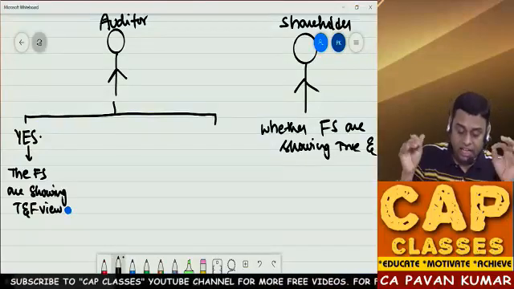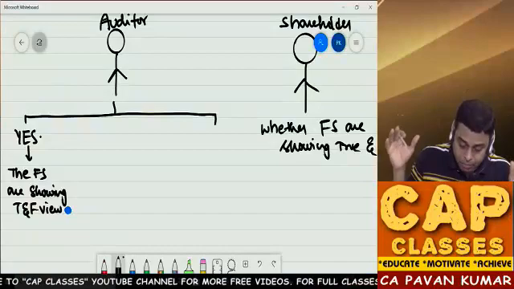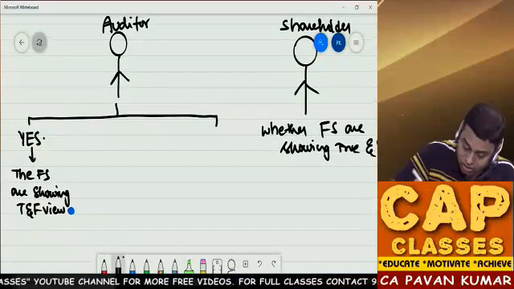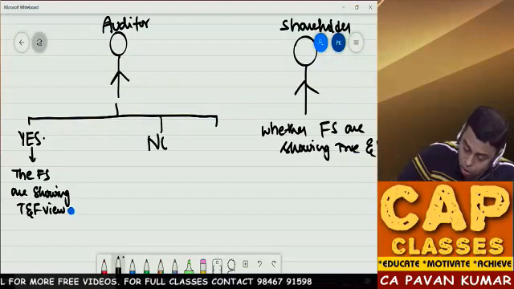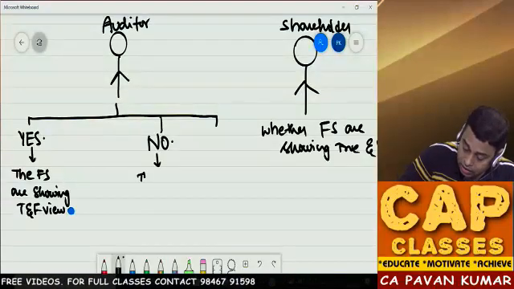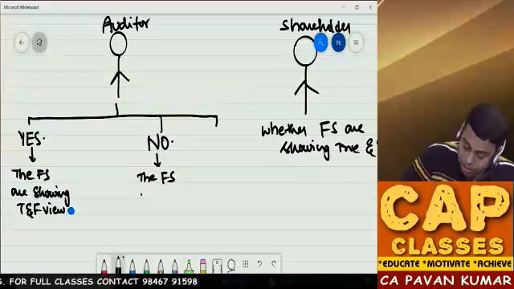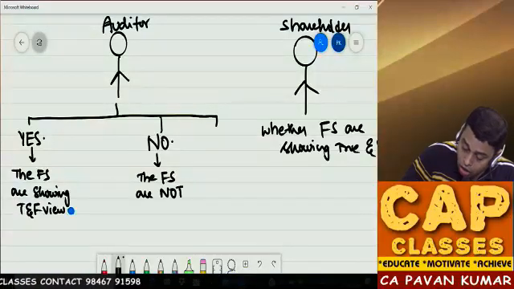So he said yes, the financial statements are showing a true and fair view. This is one category. The third category is no, the financial statements are not showing a true and fair view.